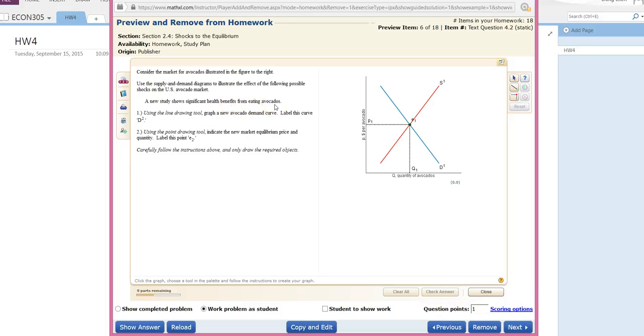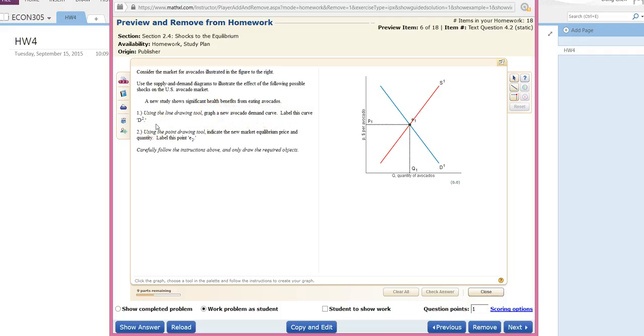And this obviously refers to a demand shock, because if the study result is true, more people will probably choose to eat avocados, and that will increase the demand for this product. The instruction says, using the line drawing tool, graph a new avocado demand curve and label this curve D2.